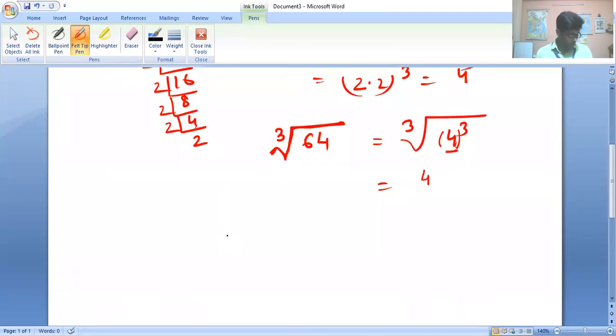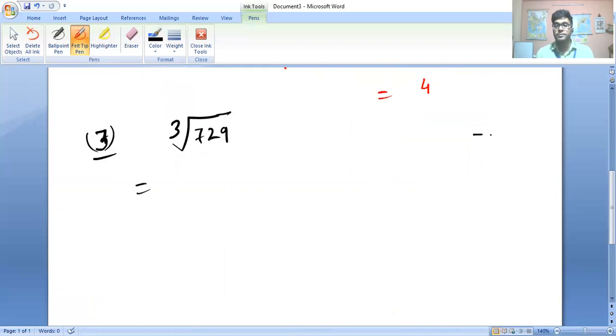Now let us do question number 3. Question number 3 is the cube root of 729. Again, we have to factorize 729.